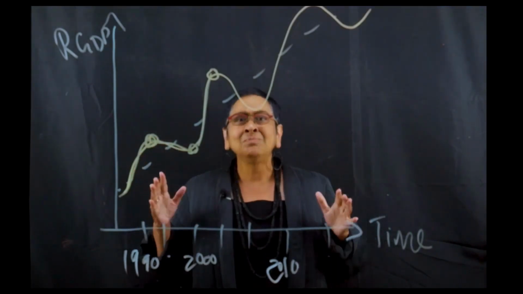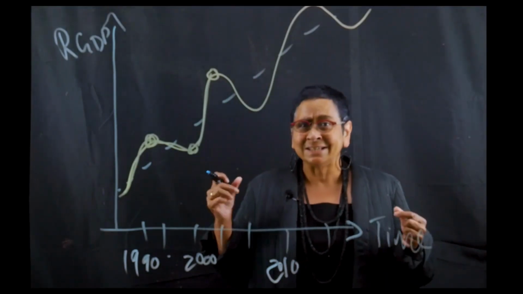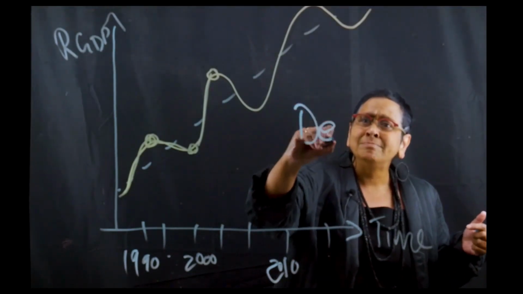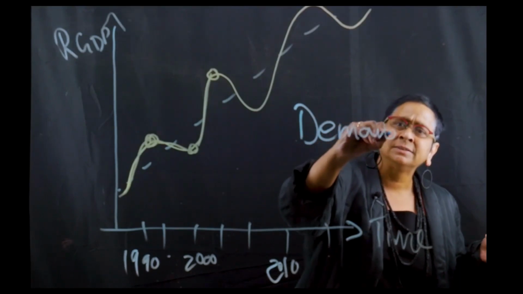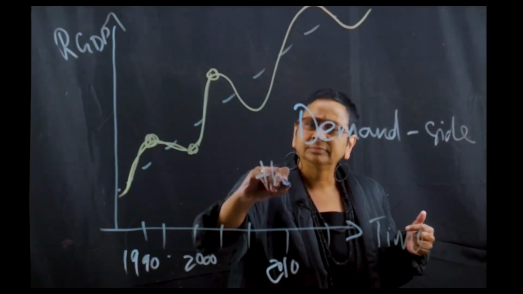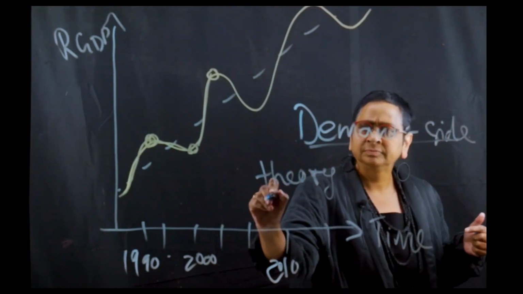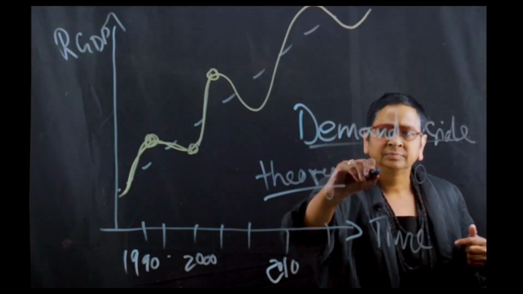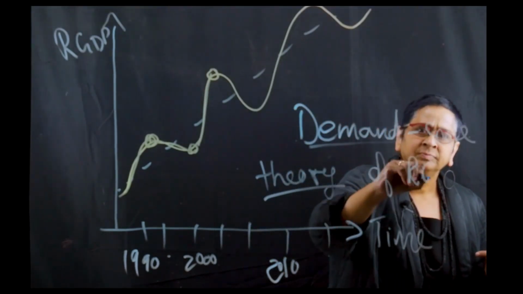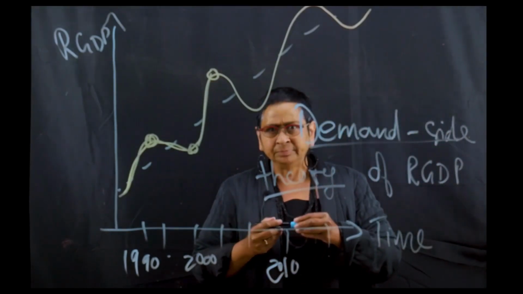So our aim, therefore, is to come up with the Keynesian demand side theory of what sets real GDP.